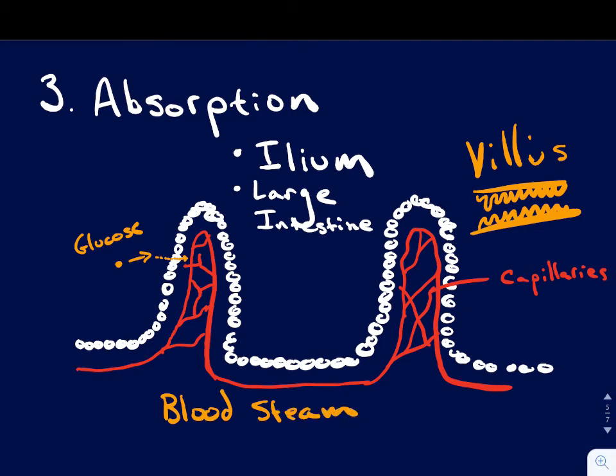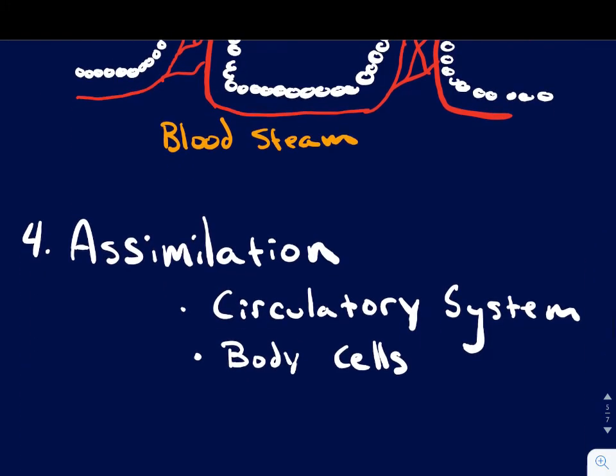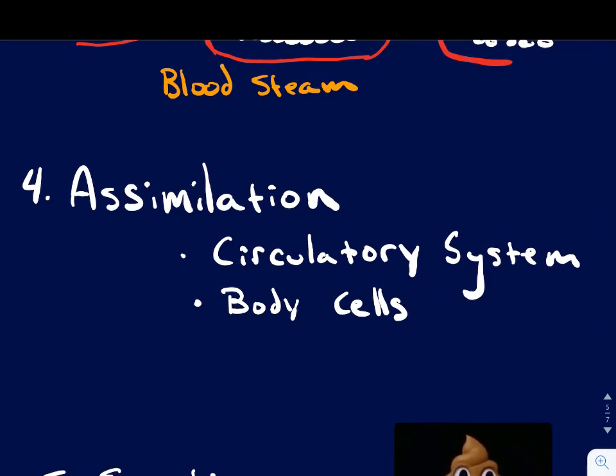And you will see when we get to the circulatory system that nutrients are one of the things that are carried by the blood. That's why you often hear about blood sugar, glycogen. And as it passes through the bloodstream, it eventually gets delivered to your cells, which absorb it, which take it in, and that is assimilation. So with assimilation, you need your circulatory system and you need your body cells. It is very important, yay, but we're not going to talk about it in this video.